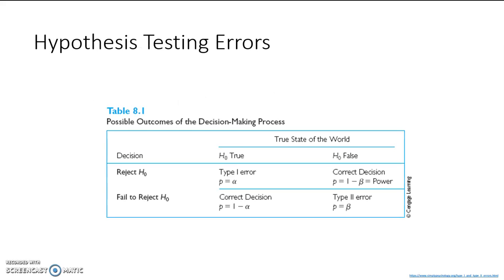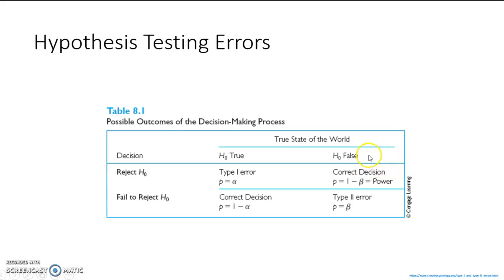So here's another table that just kind of shows this. Reject H0, fail to reject, true state of the world. Now this is the same table that I showed before, but this is from the textbook, and this just shows how we depict each of these with symbols. Okay, so type 2 error, type 1 error, alpha, beta. The correct decision over here, if the null hypothesis is true, is 1 minus alpha. So the probability of a correct decision when the null hypothesis is true would be 0.95 if we use the typical convention.